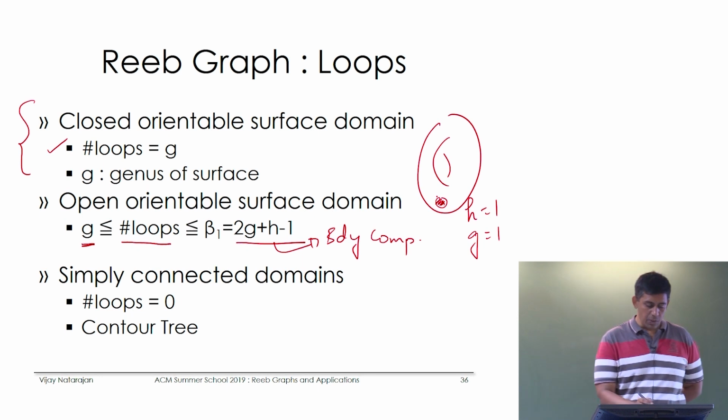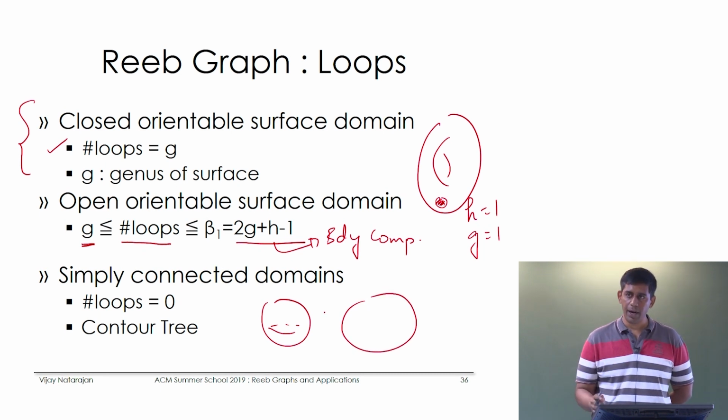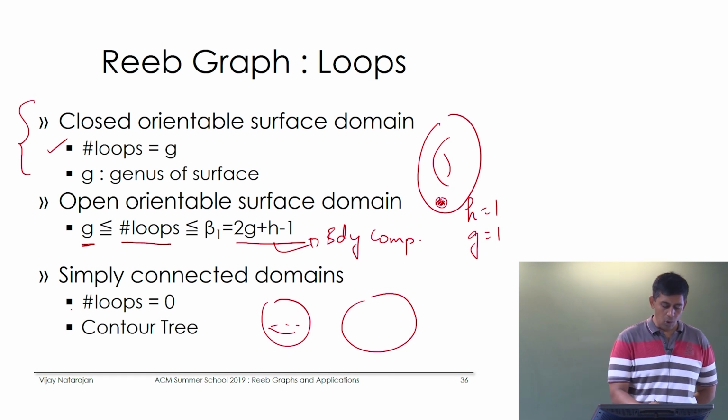So what this means is when you have a sphere, or a circle, or the equivalent of the sphere in higher dimensions, then you know that the number of loops is equal to 0. You cannot have a cycle, and you work with trees, and in this case you call it a contour tree.